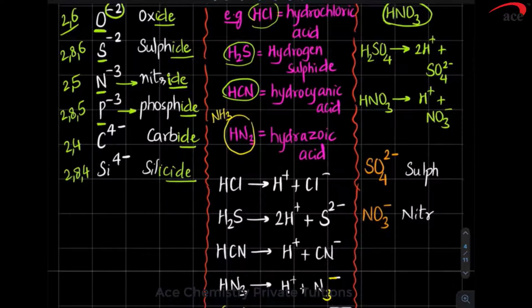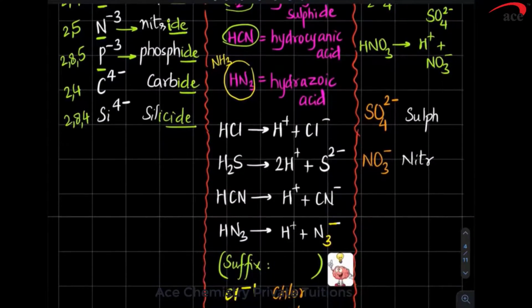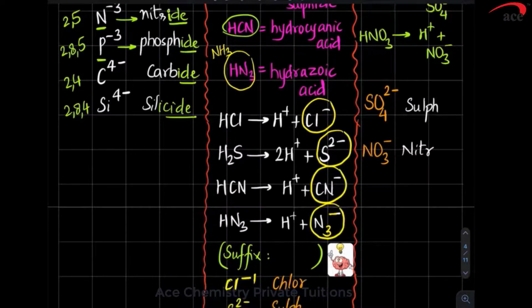Now, coming to this discussion, all these acids, after giving H+, will give you acidic radicals. Naturally, these acidic radicals will be without oxygen. All these acidic radicals end with the word ide.